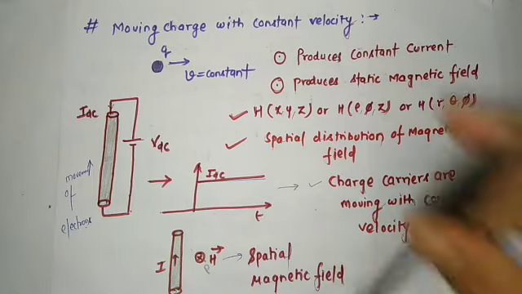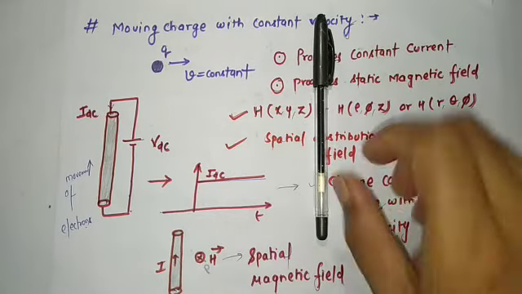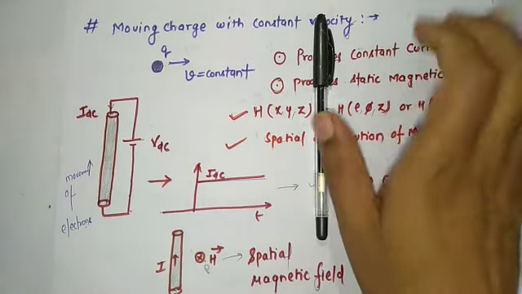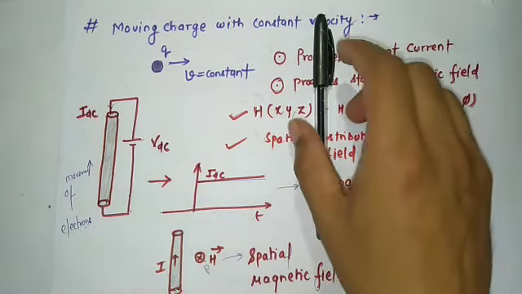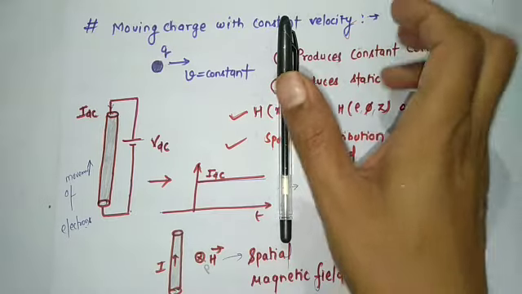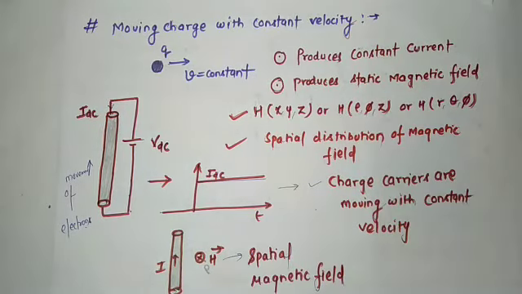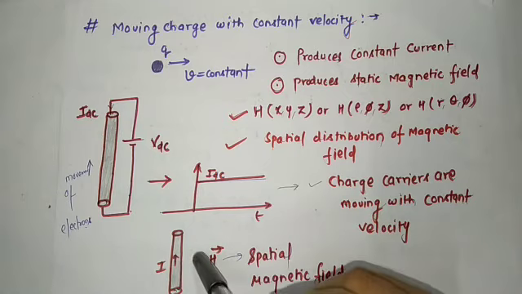Whenever the current is flowing through the conductor, suppose the thumb is the direction of current, and wrap your fingers, then you will get the direction of magnetic field with the help of Ampere's law. So this is the conductor carrying I amount of current. Then what will be the direction of magnetic field?